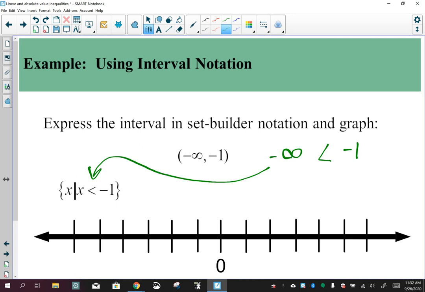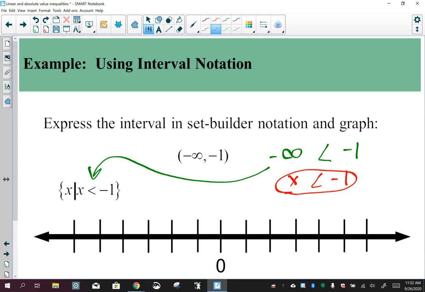So instead of using the infinity symbol, I've got some random x value that does that. So when it's just an infinity by itself, just replace the infinity with an x, and then you wind up with that inequality, and then that goes into your set builder notation there.